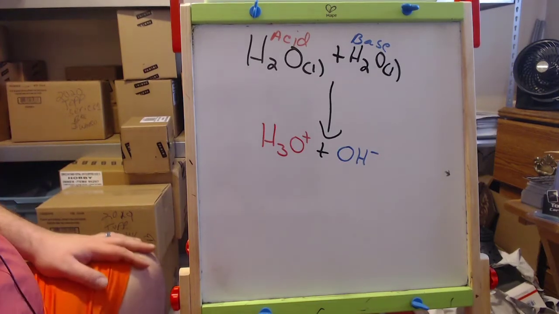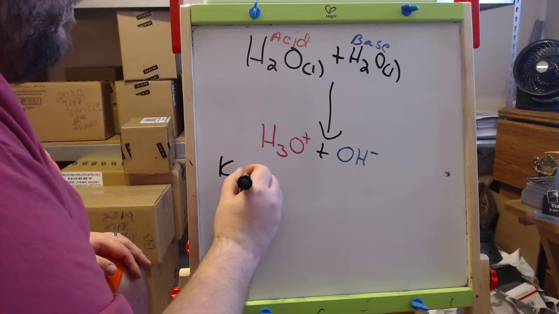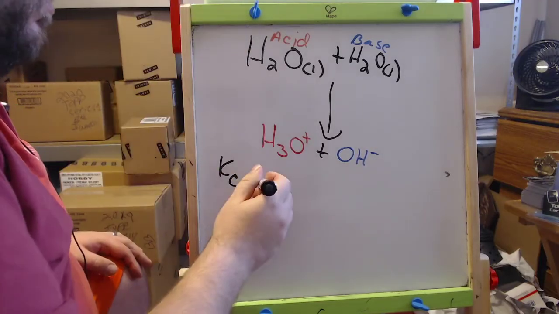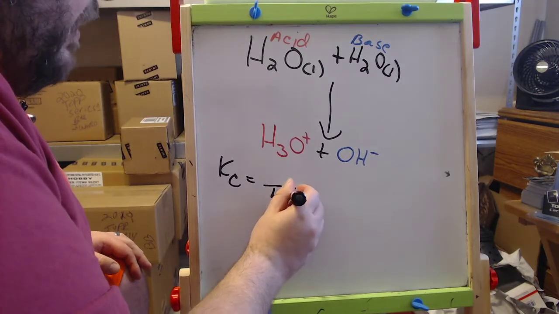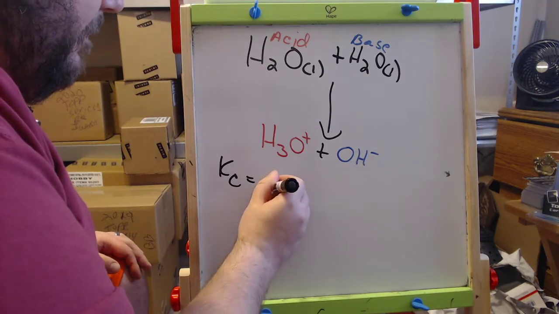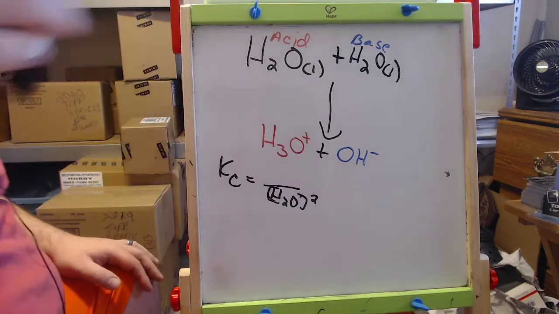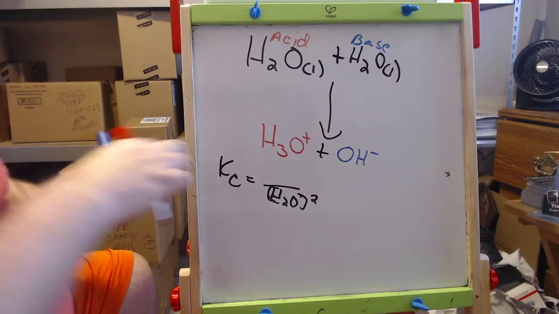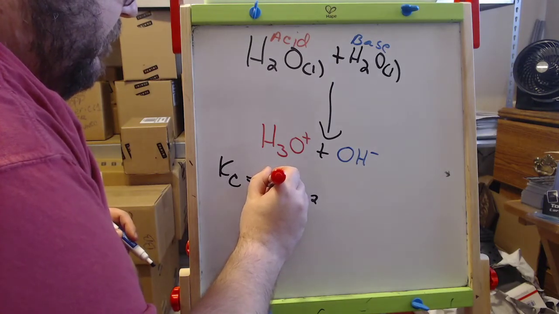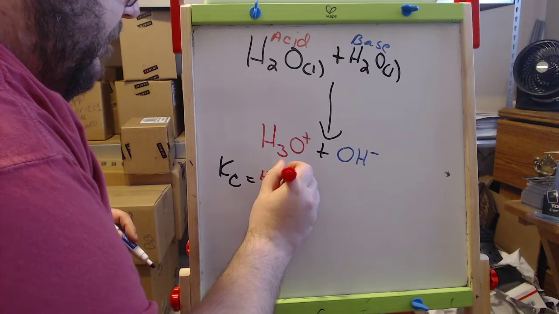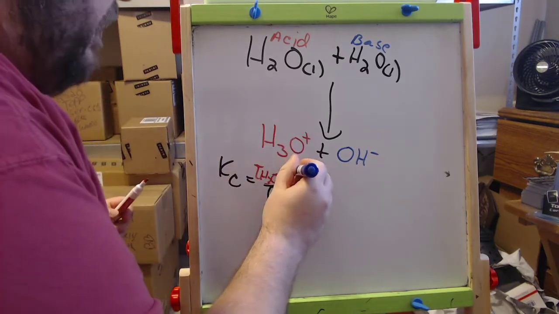Now, if I were to write a Kc for this expression, the Kc would be equal to the concentration of water squared on the bottom, with the concentration of H3O plus on top and the concentration of OH minus on top.